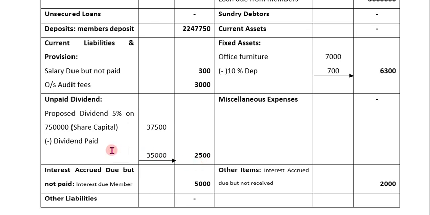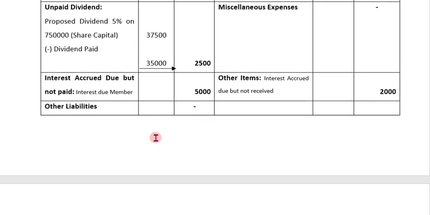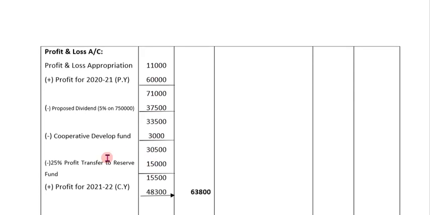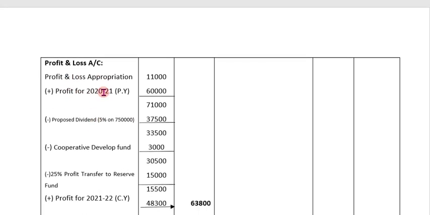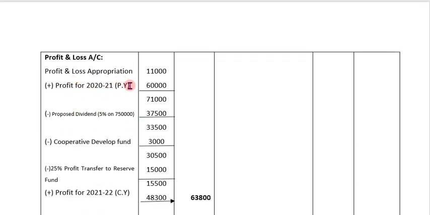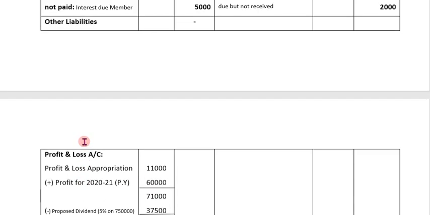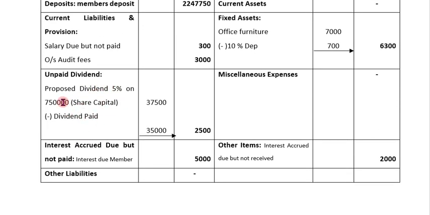Now the second effect of this proposed dividend, 5% on share capital, that is rupees 37,500, will come in liability side under the heading profit and loss account in profit appropriation. So you have to reduce this proposed dividend from the profit appropriation, 37,500. So clear about the dividend paid adjustment. I hope you have understood this.